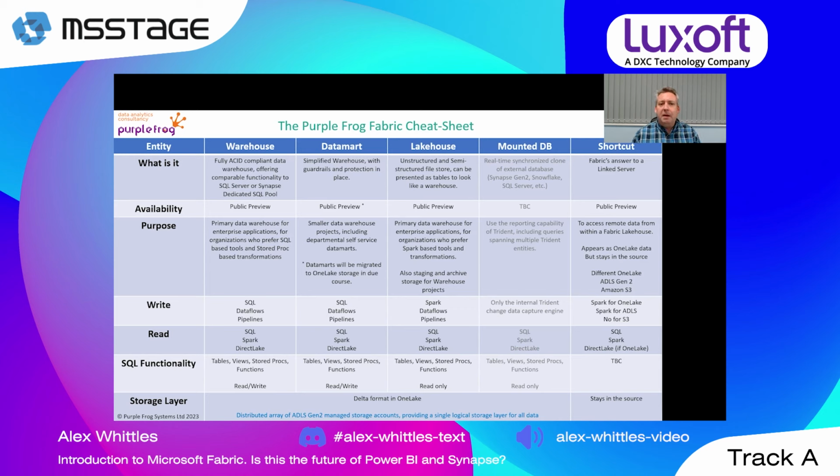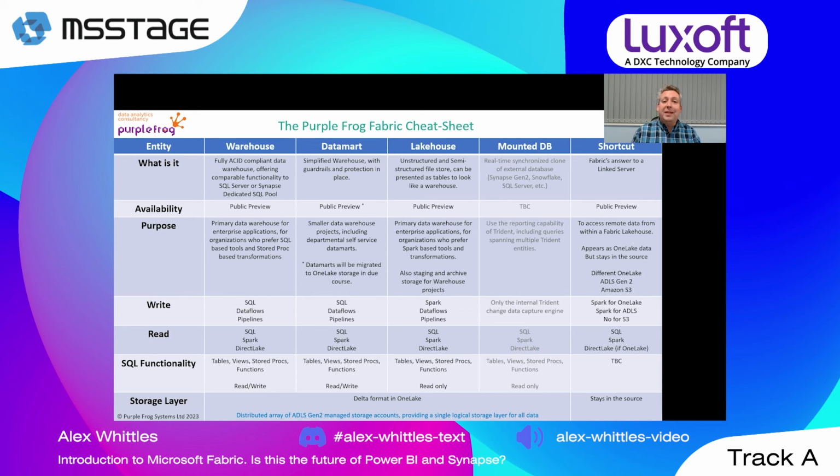Mounted database plugs into that, creates a change data capture feed to create a real-time clone of that in Fabric. So the data is duplicated in real time. Real time, reasonably quick. We're talking seconds or minutes, not hours or days.